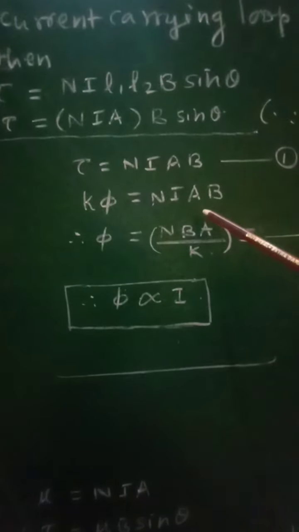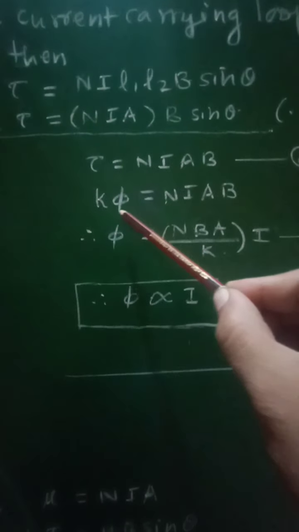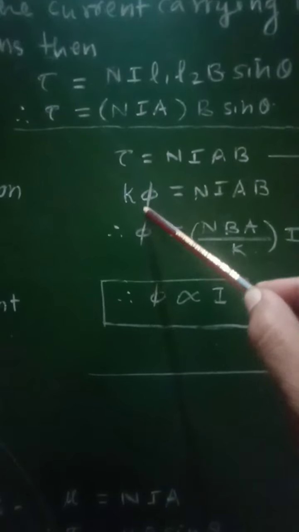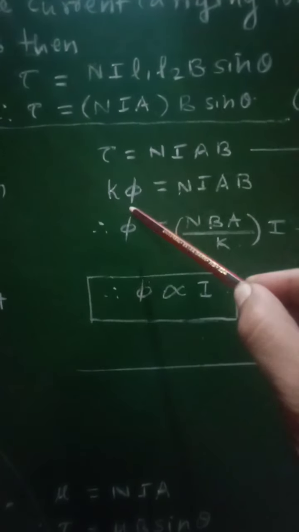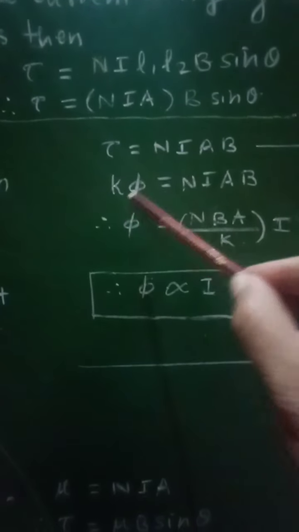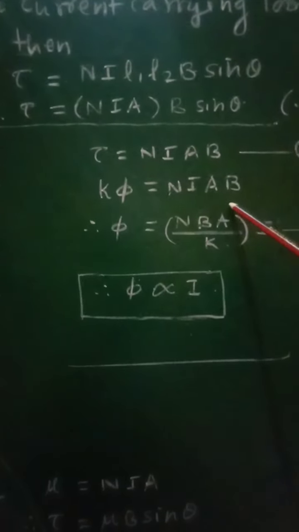Now as the coil is steady, K phi will be equal to NIAB. So this is the restoring torque produced by the suspension fiber, and this is the torque produced in the coil.